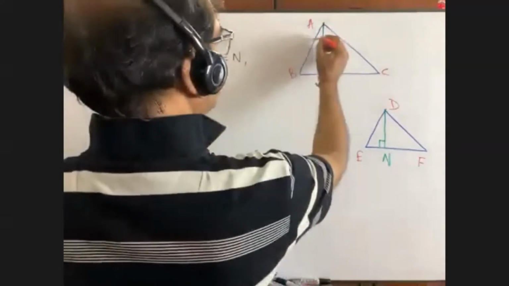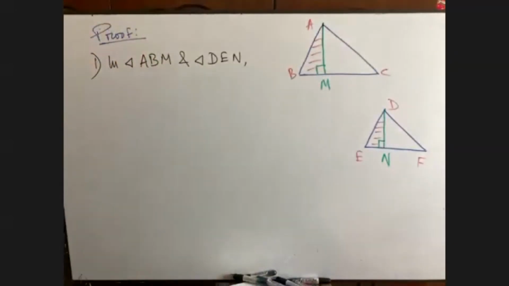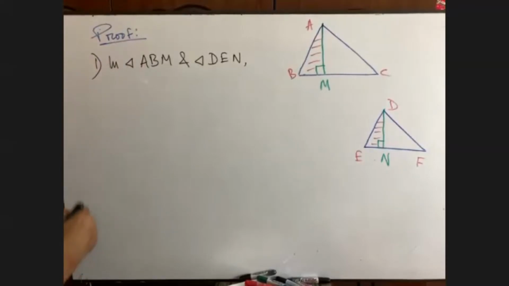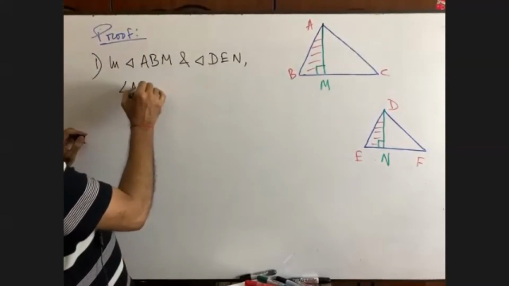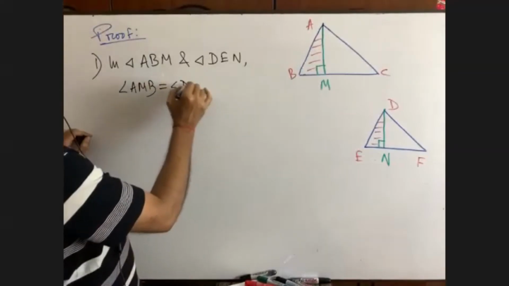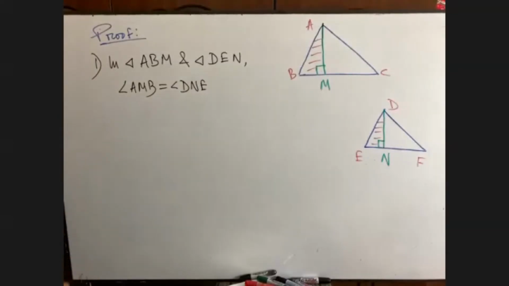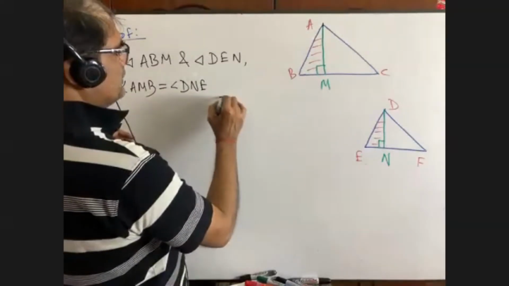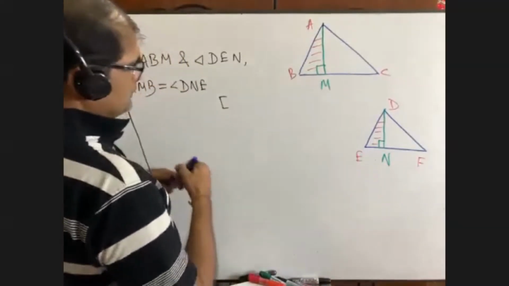ABM, that means this triangle, and here this triangle. In these two triangles, what are we getting equal? We are getting angle AMB is equal to angle DNE. Why are they equal? Talk to me. Why are they equal? Hello?